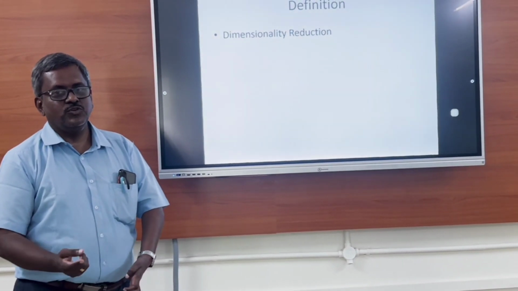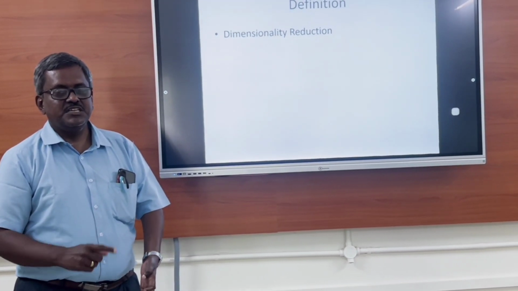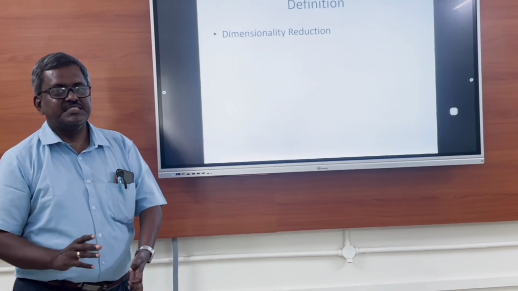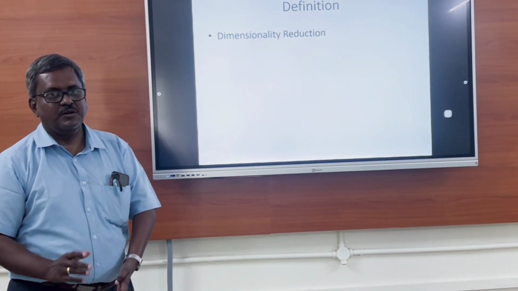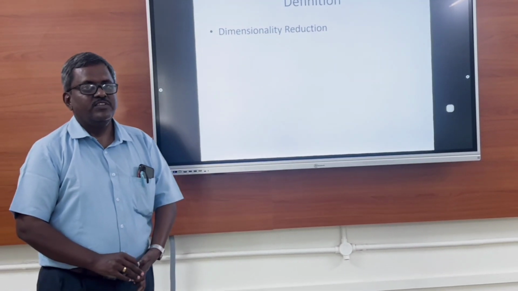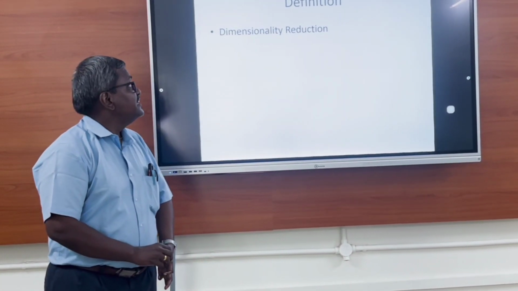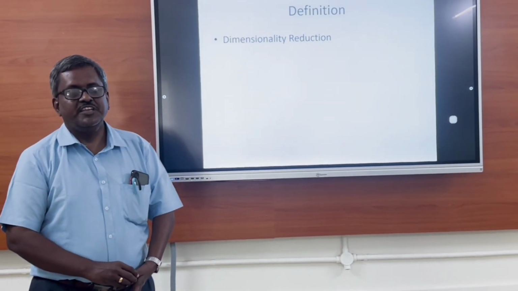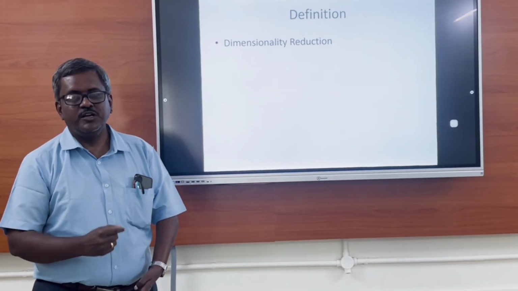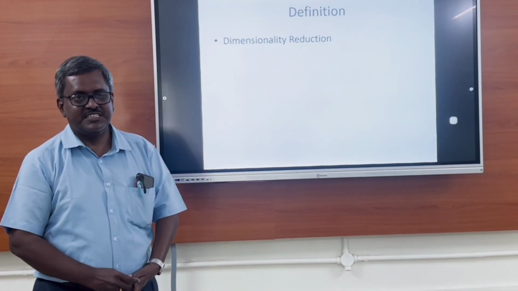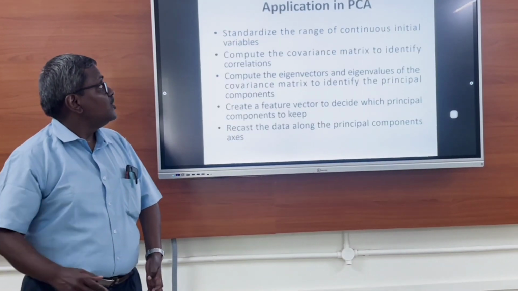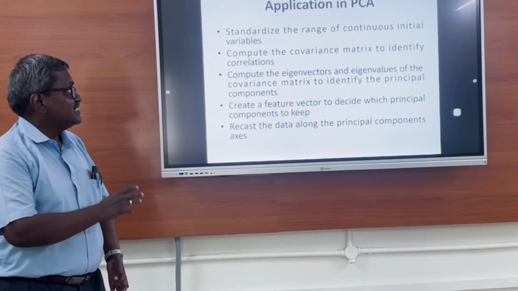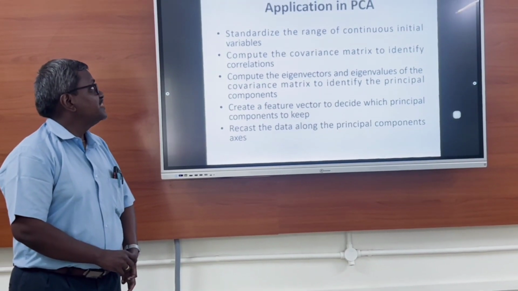So from 64 to 8, but the result should be the same as 64 numbers. So this is called dimensionality reduction, which is projection. Here we are going to see one method of dimensionality reduction, which is called principal component analysis. These are the steps in principal component analysis.